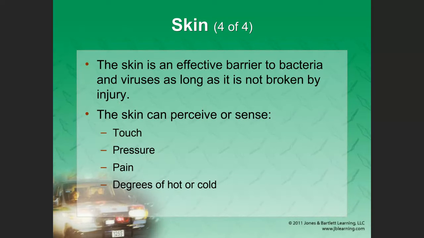The skin is an effective barrier to bacteria and viruses as long as it is not broken by injury. The skin can perceive or sense touch, pressure, pain, and degrees of hot or cold.